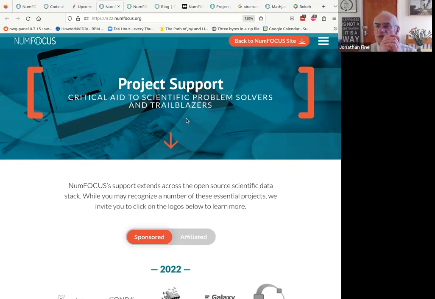And you might use MathJax for 10, 15, 20 years without knowing that it's a NumFOCUS project. But if you give money to MathJax, you'll be directed through NumFOCUS, and NumFOCUS will handle the administration and the non-profit aspects of it, and will provide coordination and the services that an umbrella organization provides.